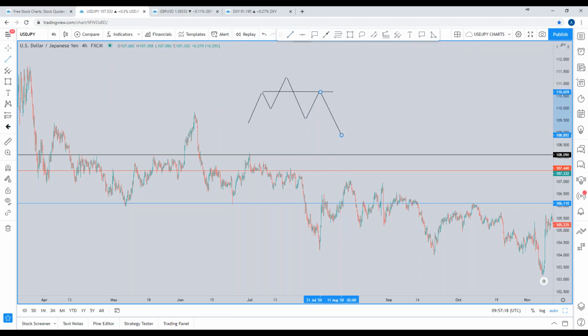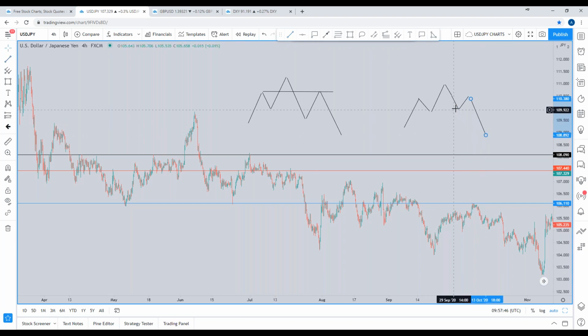Now, with the head and shoulders, we have the left shoulder forming here, and then we have the head forming here, and then we have the right shoulder forming here.